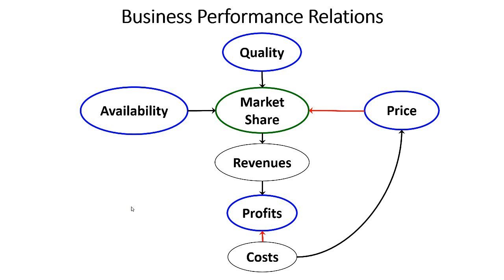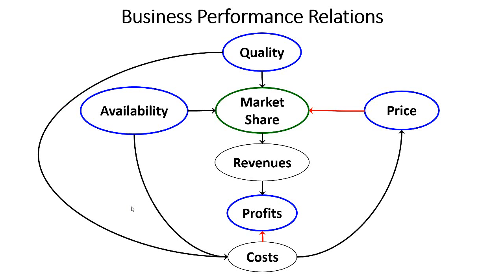And then what is the impact of cost on price? Well, generally, as our costs go up, we tend to have to increase the price of our product, which then is going to give a negative impact on market share. But as the availability of our products increases, in other words, we have more products and more services available to the market, in order to cause this increase in availability, we also have to drive up our costs.